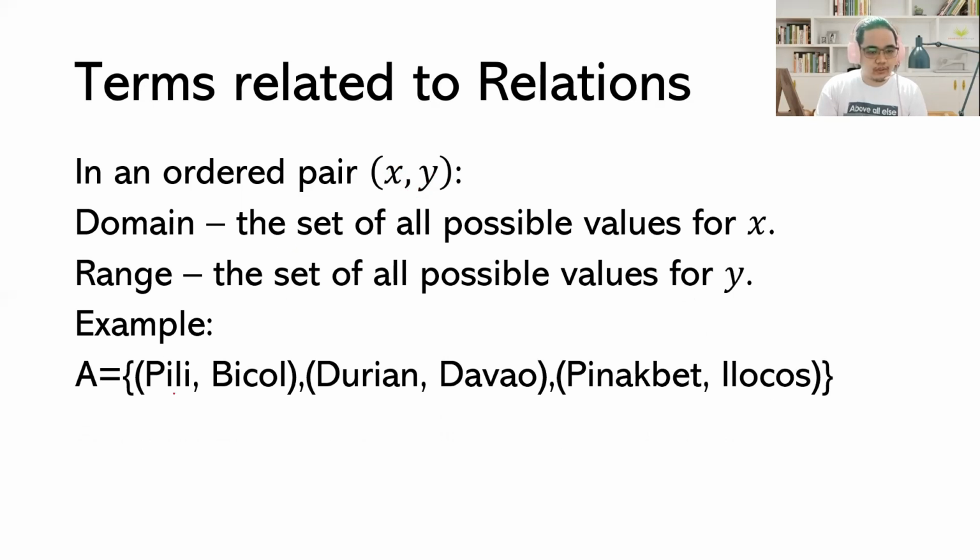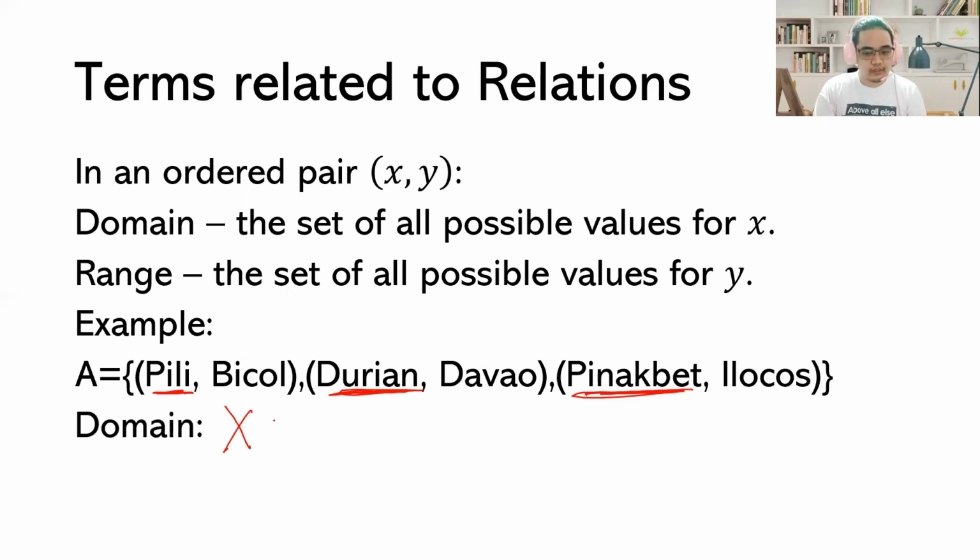Here, my first elements are Pili, Durian, and Pinakbet, while the second elements are Bicol, Davao, and Ilocos. So how do we write the domain? We can express the domain as a set.